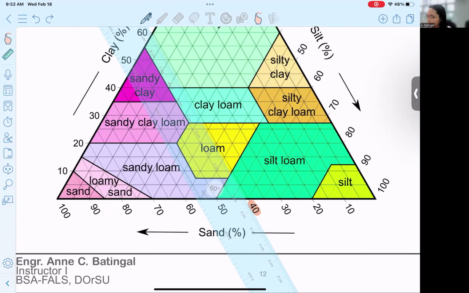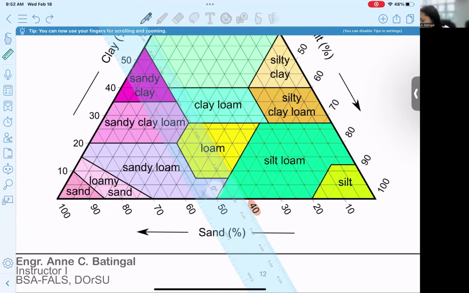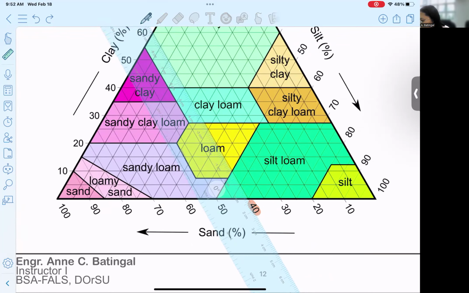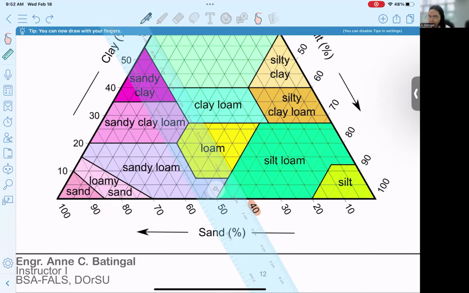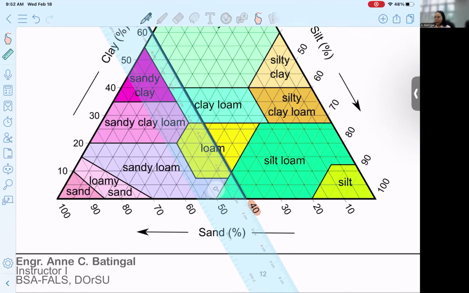Wait lang. I'm trying to make it nga magtandi sila. Okay. So, mag-form kag line. Muna siya ang imuhang 40% na sand.